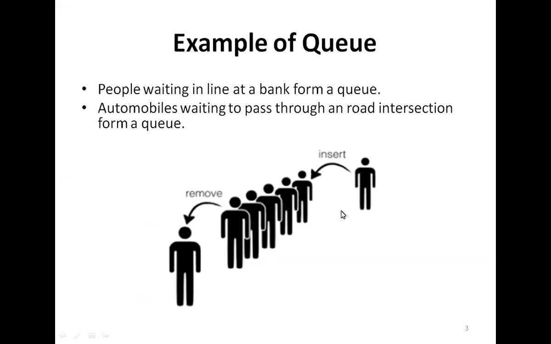So if you consider all these persons as data, then if a new person is coming, it is inserted here at the rear end, and if some person is removed from this queue, that can only be done at this front end. You can see here this is removed. So this is the queue example.